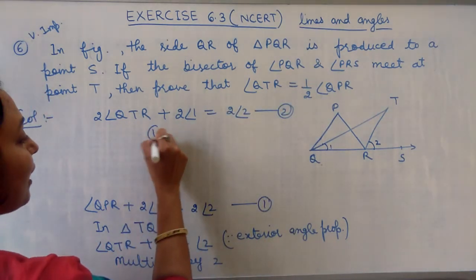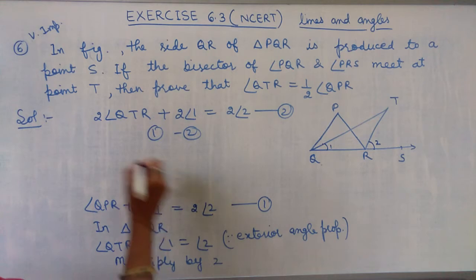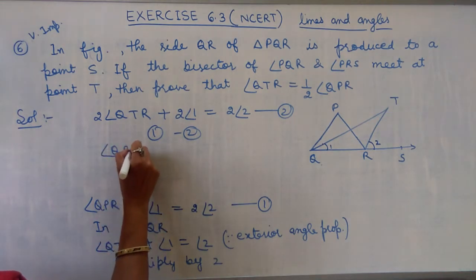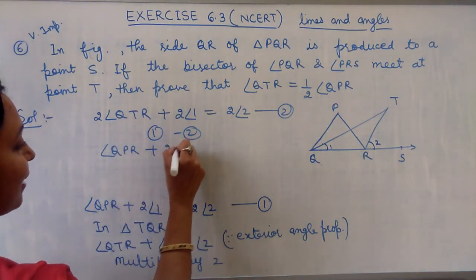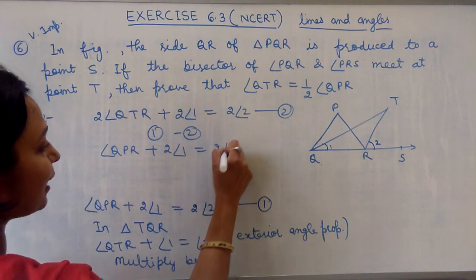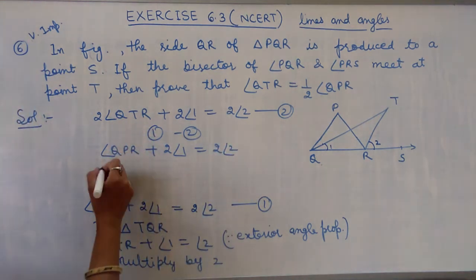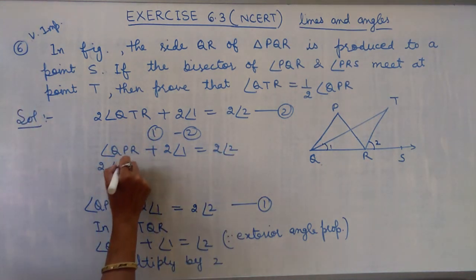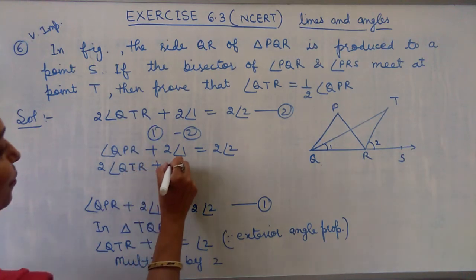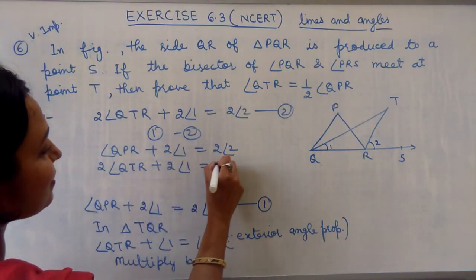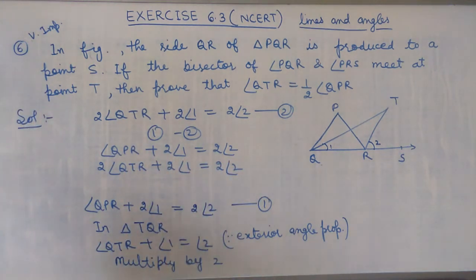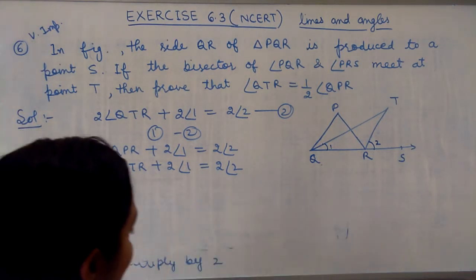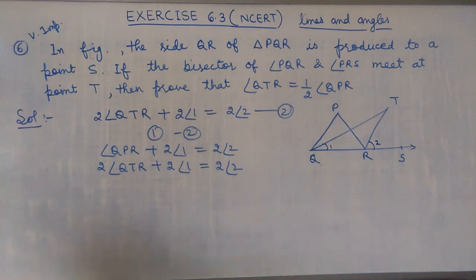Now subtract equation 2 from equation 1. Angle QPR plus 2 times angle 1 is equal to 2 times angle 2, and equation 2 is 2 times angle QTR plus 2 times angle 1 is equal to 2 times angle 2.